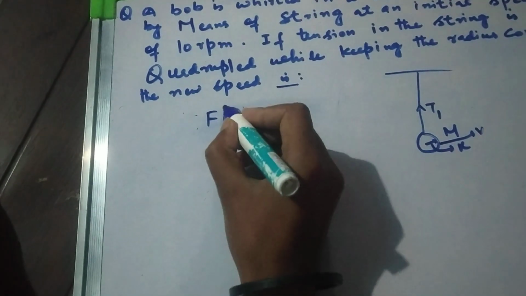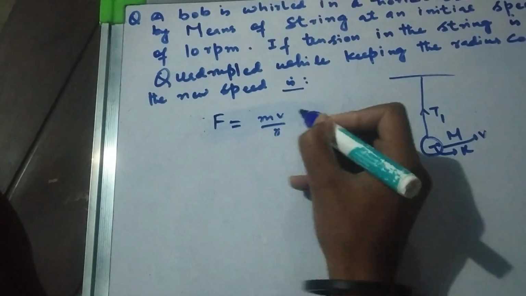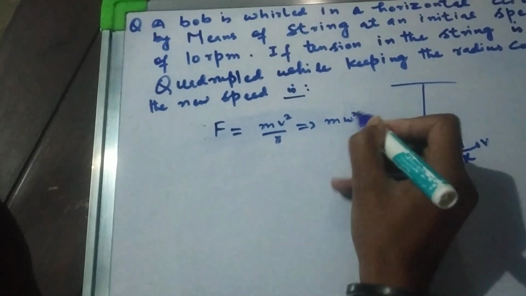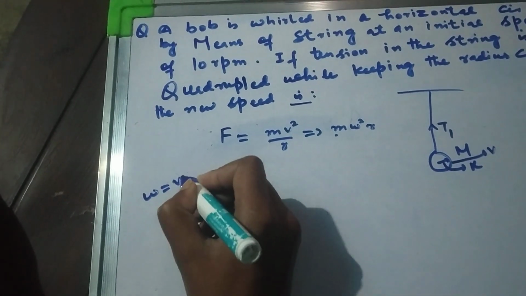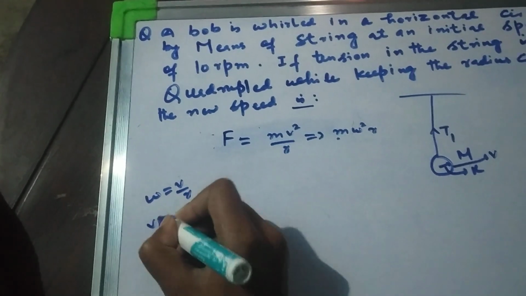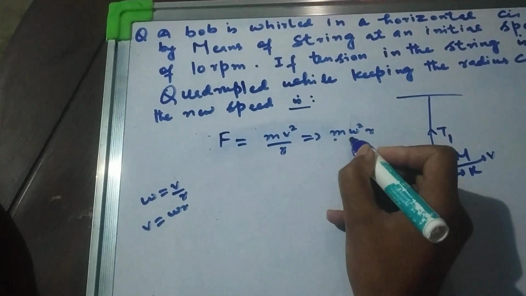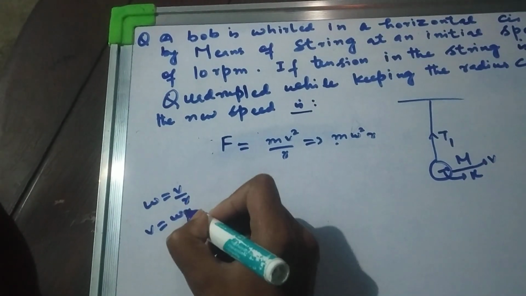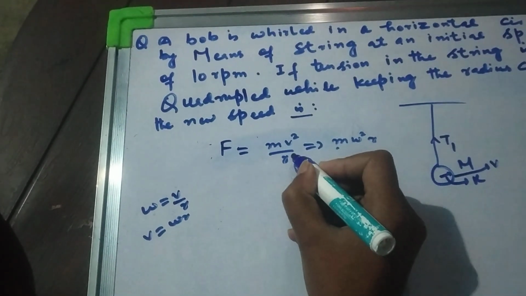We know the centripetal force F is equal to mv square upon r, which is also m omega square r. You know omega is equal to v upon r, so v is equal to omega r. If we put the value of v equal to omega r, then we also get this result.